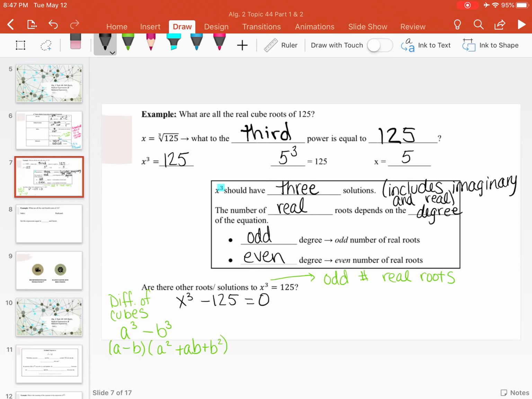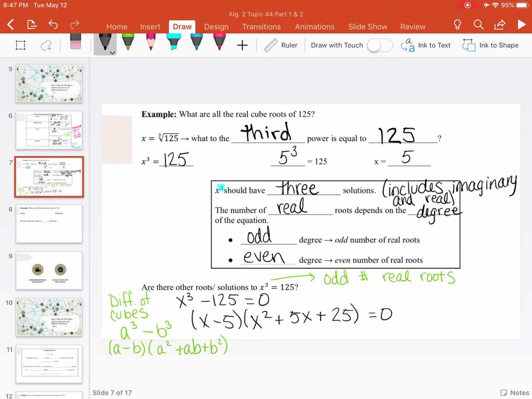Using the numbers given with this problem, that will leave us with x minus 5 times x squared plus 5x plus 25 equals 0.